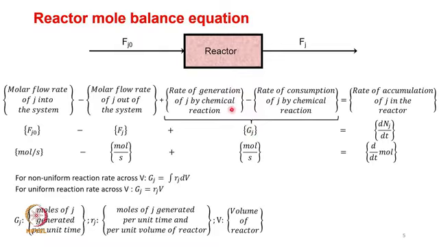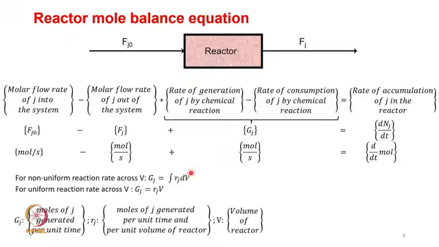Gj is the total resultant of generation and consumption for the jth component, and the rate of accumulation of the jth component in the reactor, let us denote as dNj/dt. Your flow rate units are moles per second, and the accumulation would have the unit of d/dt of moles.